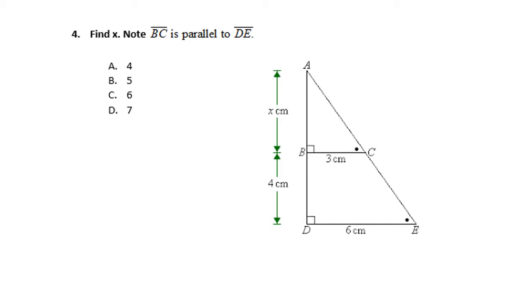Question 4. Find X. Note, line segment BC is parallel to line segment DE. A 4, B 5, C 6, D 7.